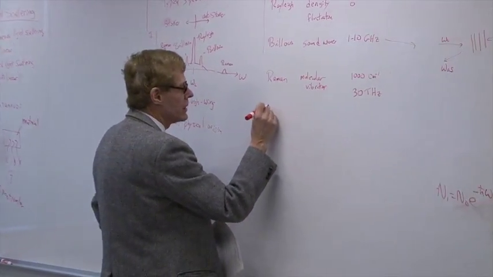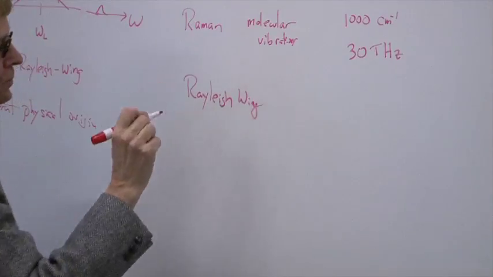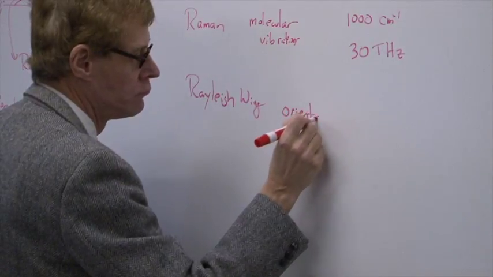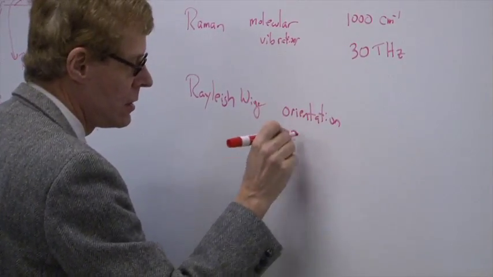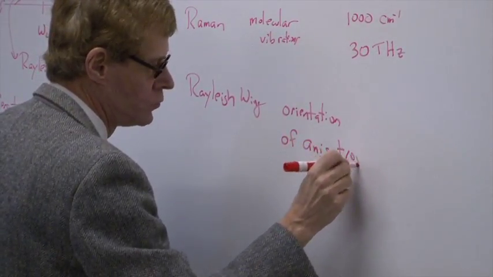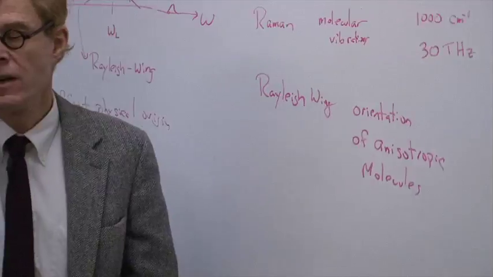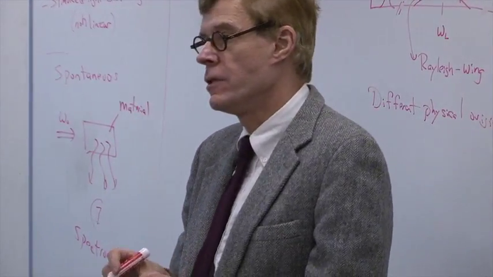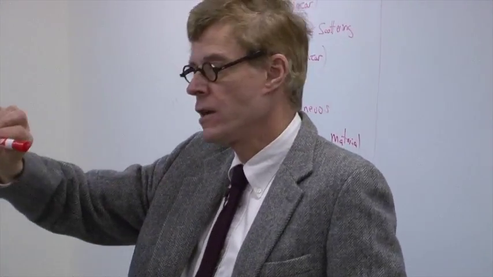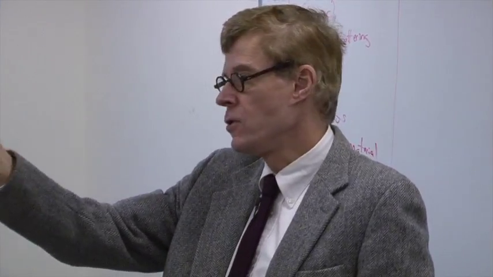Okay, what about Rayleigh wing? It's the orientation of anisotropic molecules. So let's imagine that you have something like carbon monoxide, CO. It's a linear molecule, but if you have a collection of molecules in a gas, they bump into one another, and so they are not all fixed in orientation.